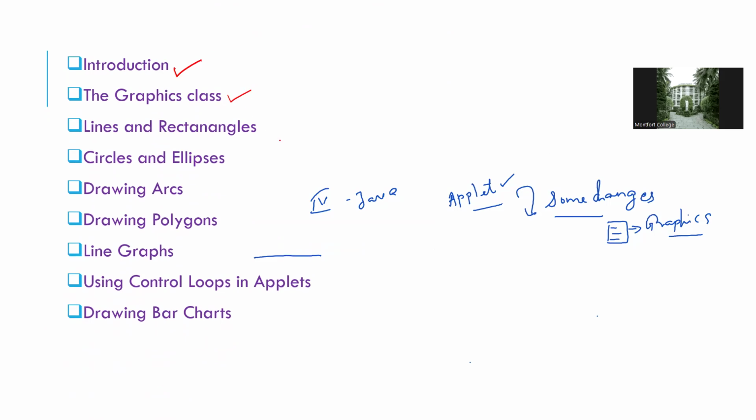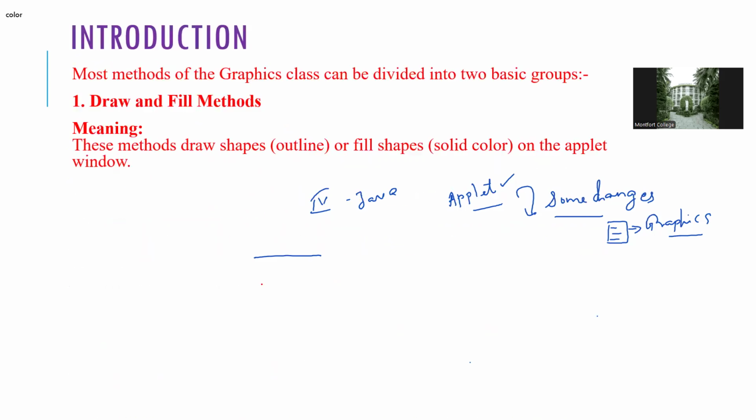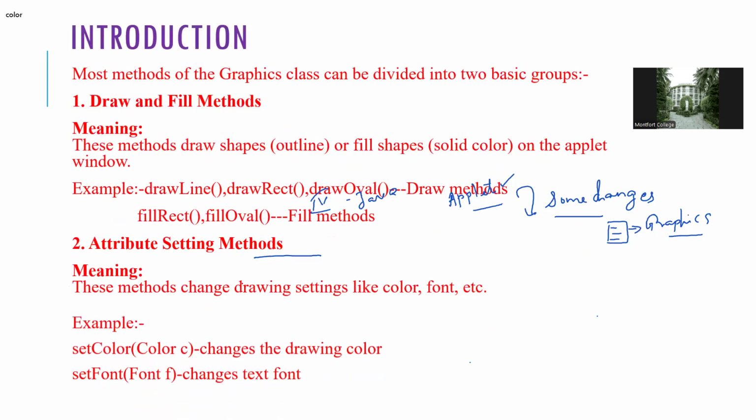What is the graphics class? How to draw a line and rectangle, and how to write code for that; circles and ellipses, drawing arcs, polygons, line graphs; then control loops in applets; and finally, what is a bar chart and how to draw it.